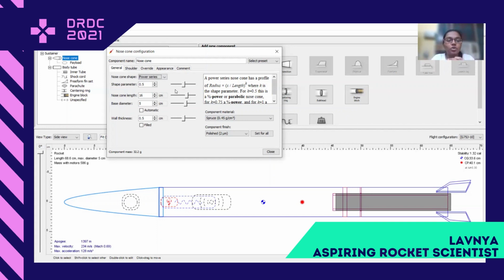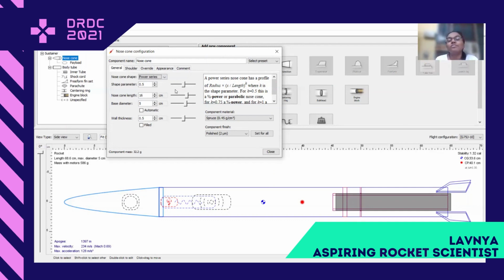So I have gone ahead with 16 centimeter and a wall thickness of 0.5 centimeter. The material I have used is spruce. Most of the time we come across balsa wood, cardboard, or plywood. Spruce is also a type of wood, and it has quite good durability and resistance.